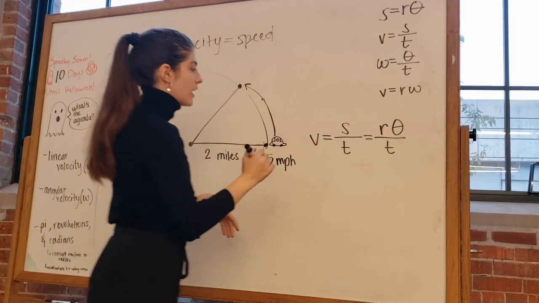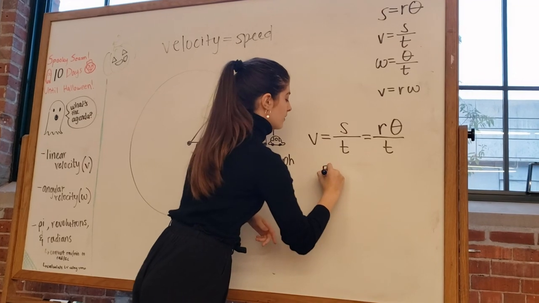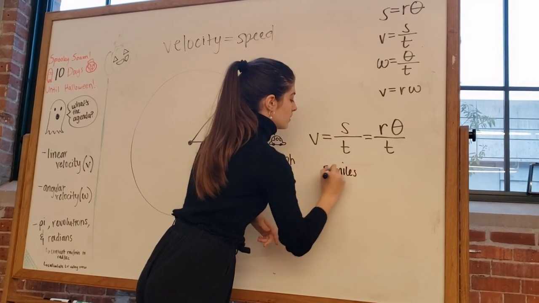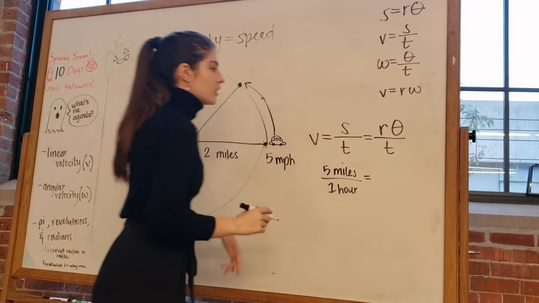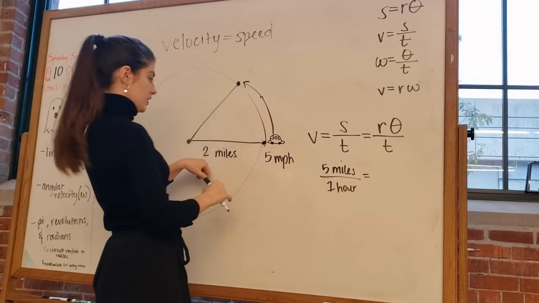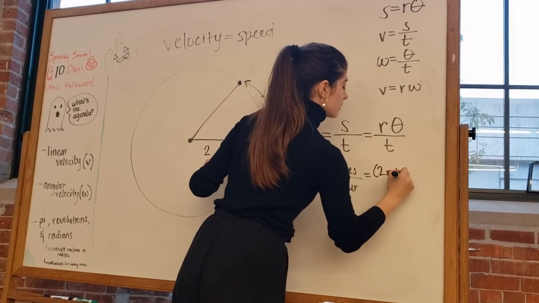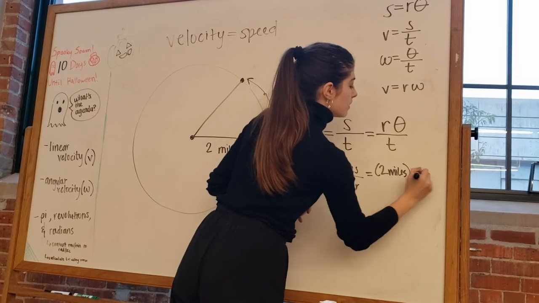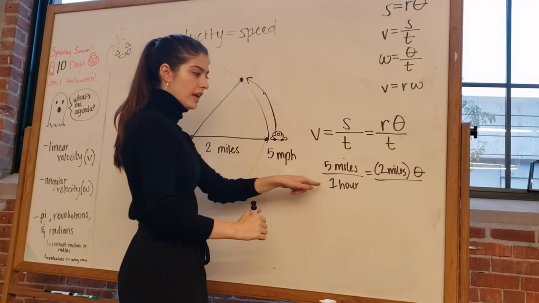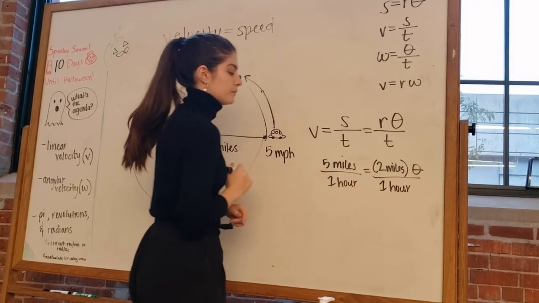So, if we have 5 miles per hour, that means our speed is 5 miles per 1 hour, right? So if we want to find theta, we would just plug in 2 miles times theta divided by, right now we're looking at 1 hour, so we'll keep it at 1 hour. That's our time, 1 hour.